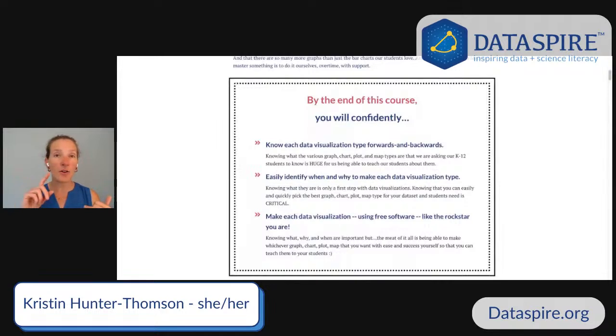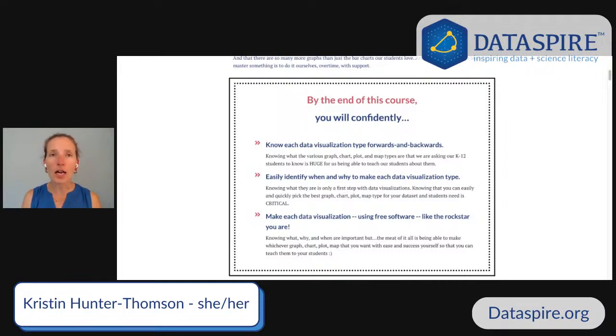It is built out all around how do we know what each of these 14 common visualization types are that show up in our grades 4 through 10 science, social studies, and math standards. Identify when and why to make each of them, like getting really into the nitty gritty, like we just did with the stack versus the stretch, but even deeper in terms of how it relates to our curriculum, and how do we make them once and for all.